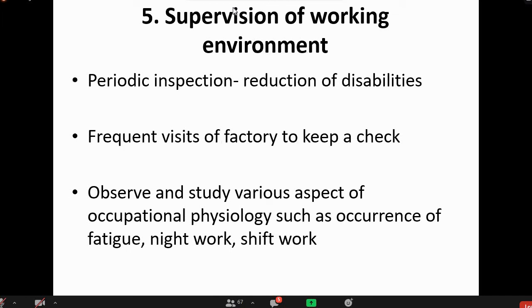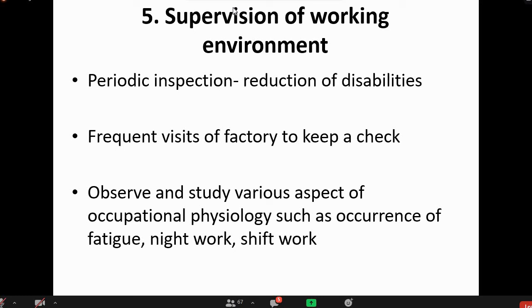Then we have supervision of the working environment. Periodic inspection should be done in organizations where the machineries are being checked, whether something has gone wrong and needs to be repaired, or while walking on the stairs, there is a break in the stairs.